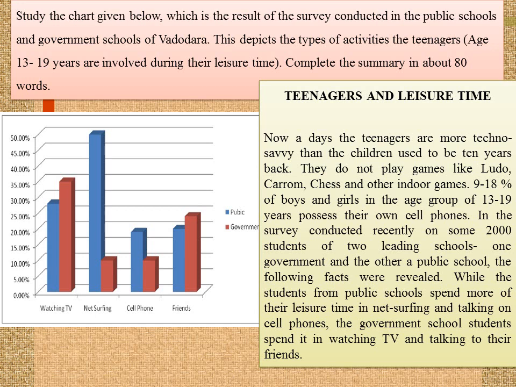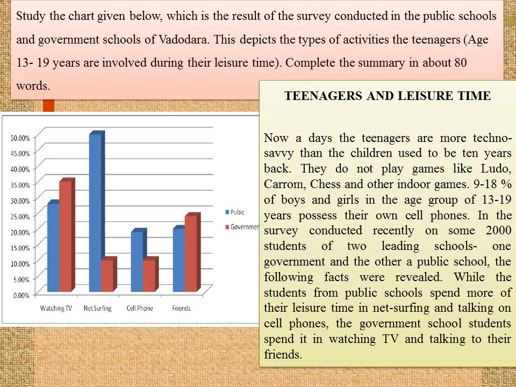If you elaborate the whole thing, you can see that students from public schools may be searching more on the net, because they may have more keenness towards this, while the government school students don't do like that.